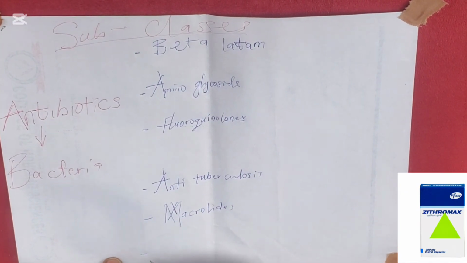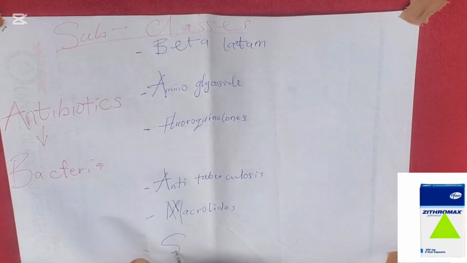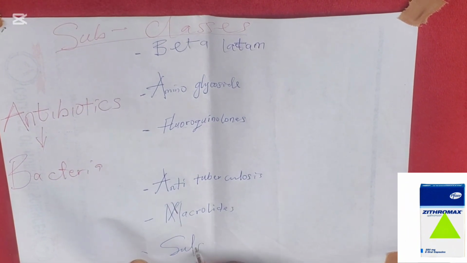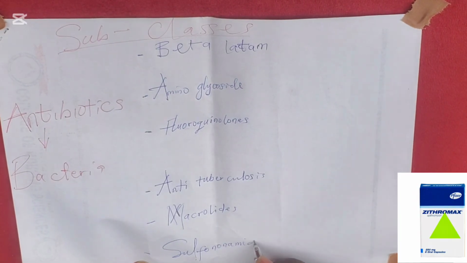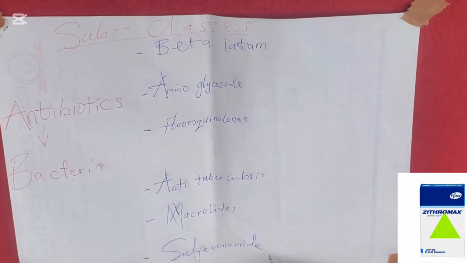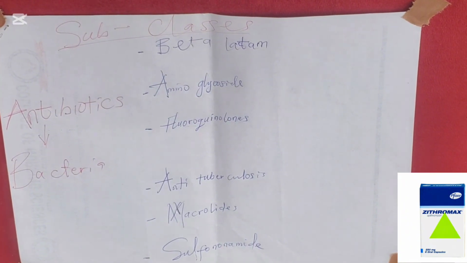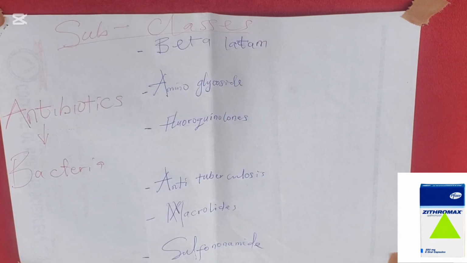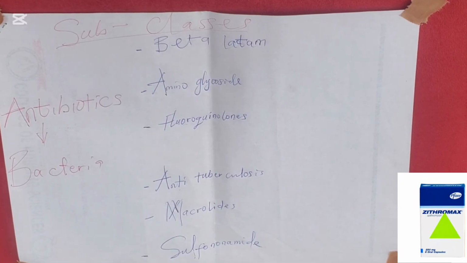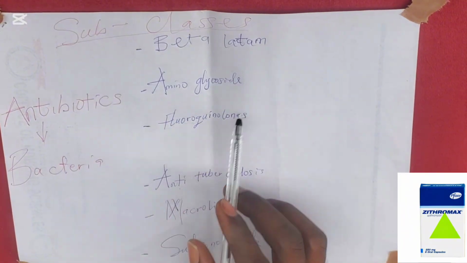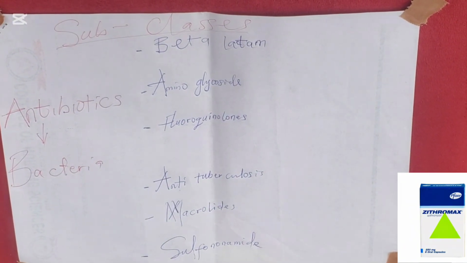And after the macrolides, we have another one called the sulfonamide. So these are the subclasses of antibiotics. Now let's list out the families that belong to beta-lactam, aminoglycoside, fluoroquinolones, anti-tuberculosis, macrolides, and sulfonamide.